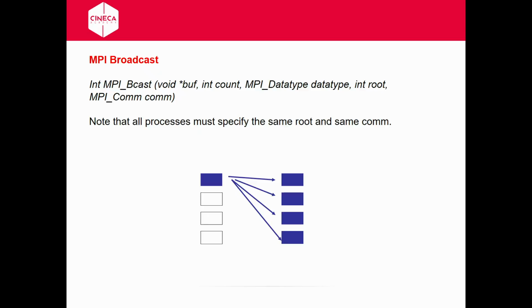In this case, you can use the MPI broadcast, MPI_Bcast, function to share this information with all the tasks that you have in the communicator.